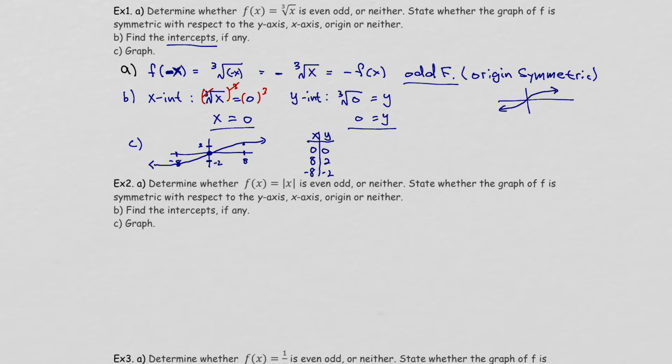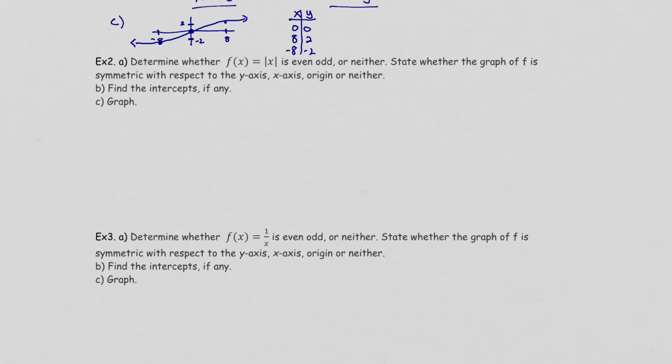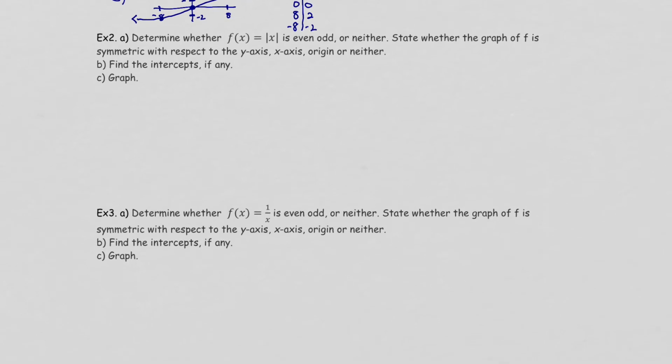Okay, so then let's try another one just like that. This time we have an absolute value, right? With absolute value, in order to see if it's even or odd, you're going to replace x with negative x.